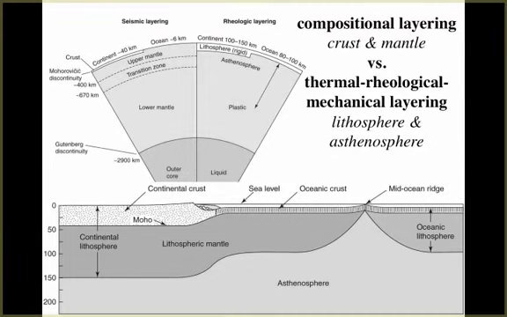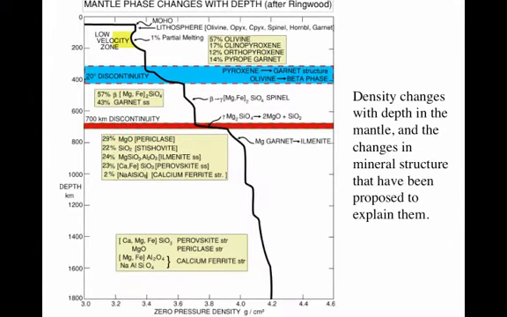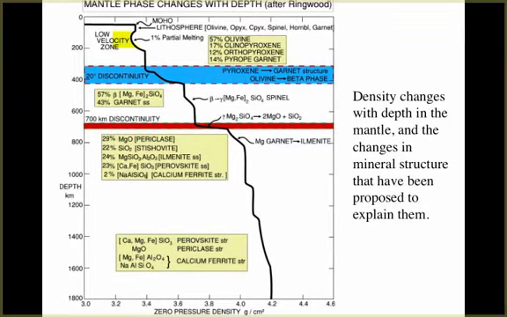Now, I also want to point out the transition zone that's shown here between about 410 and 670 kilometers depth. That transition zone is referring to the phase transitions going on in the mantle at those depths. And so we see here the depth profile in the mantle. So we have depth increasing down on the left, and this is density on the x-axis.